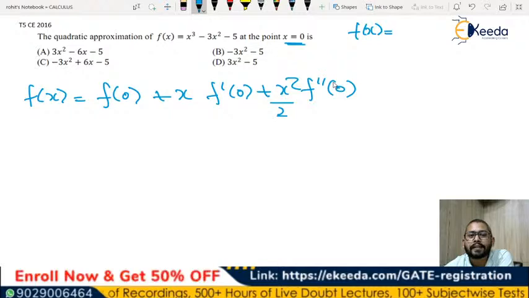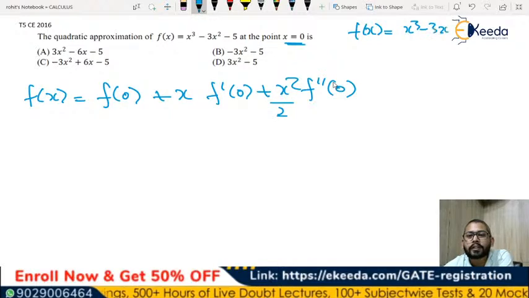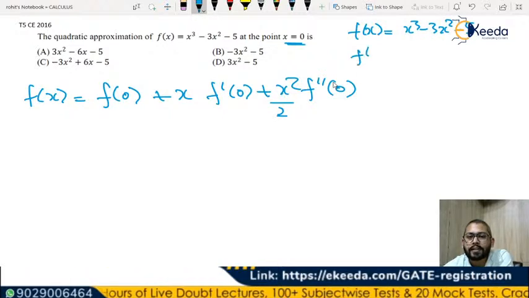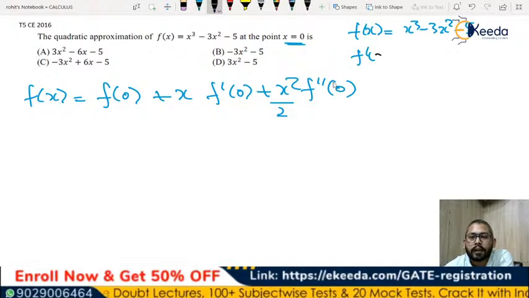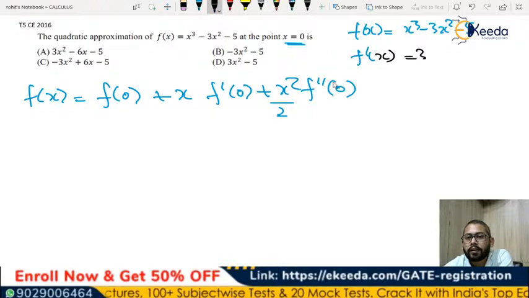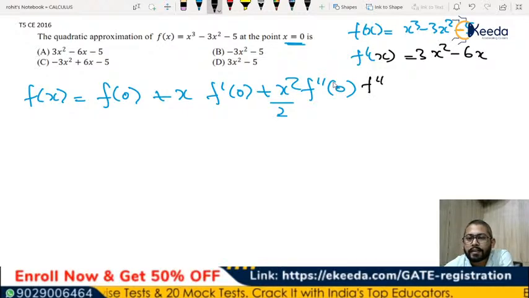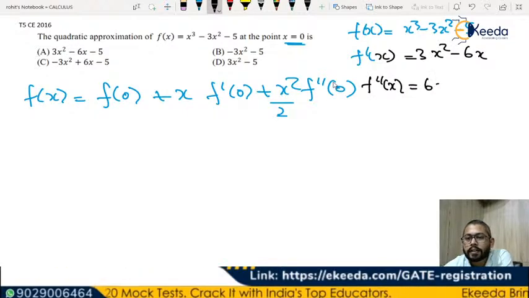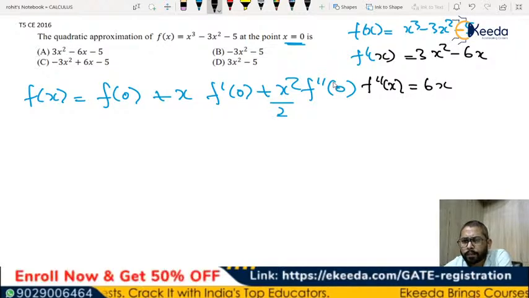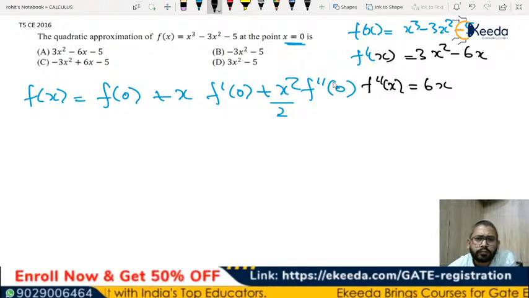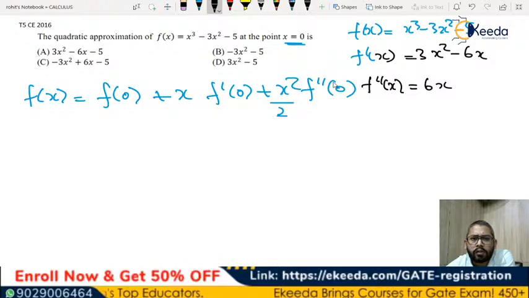F of x is x cube minus 3x square minus 5. What is f dash? F dash is 3x square minus 6x, and f double dash is 6x minus 6.